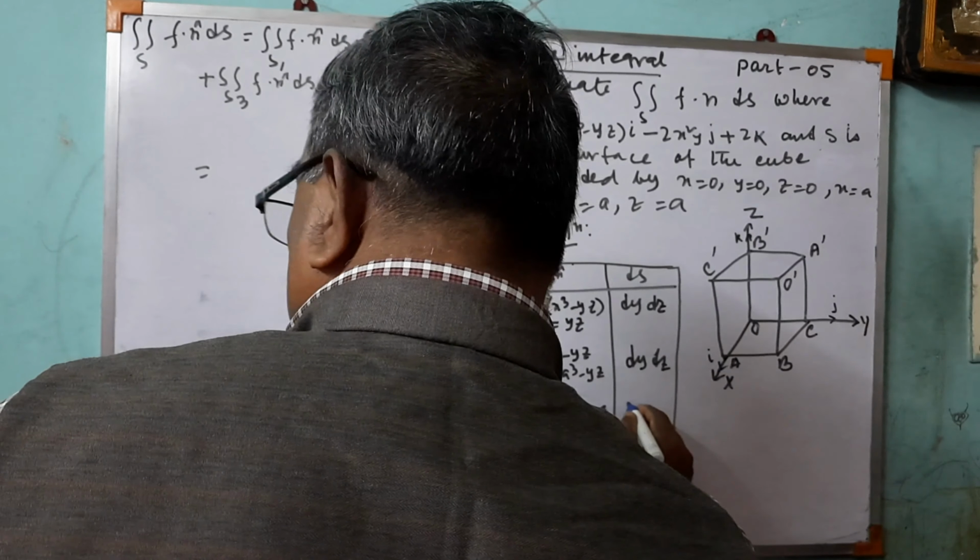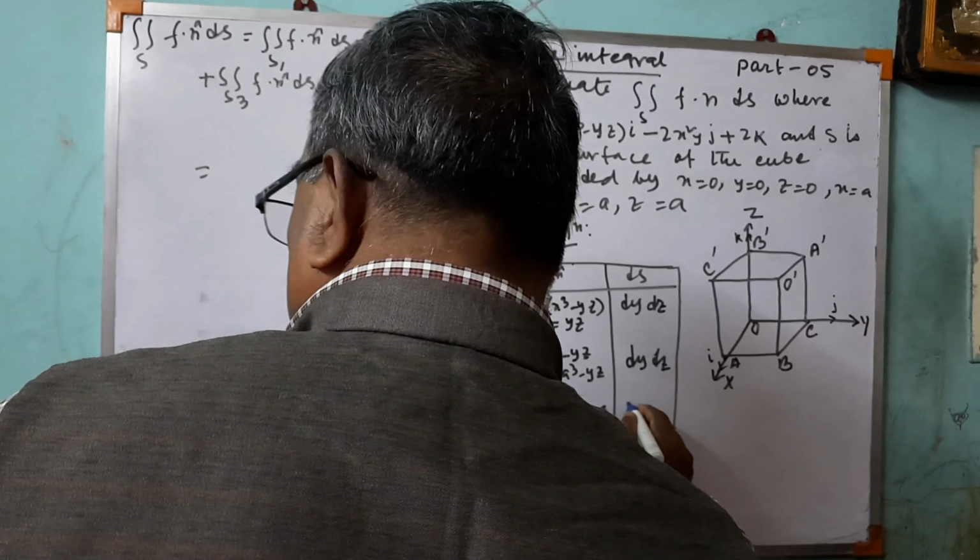Now, according to this value, f dot n equal to 0, so S3 will be 0. I will not calculate S3 because f dot n in S3 is 0. Now one by one I am calculating.